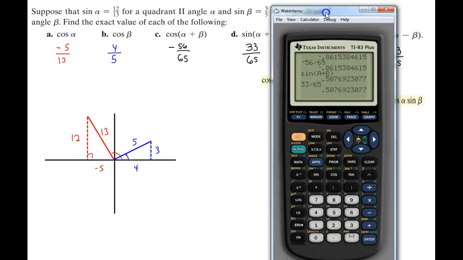So you have to think about where you are and what arc sine and arc cosine can give you, but you can verify all these answers, even though we don't technically know what alpha and beta are in the original problem. We can find them. We can always find angles via the arc trig functions if we know what sine or cosine is.